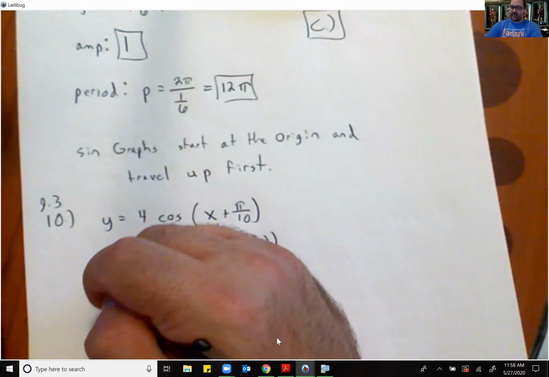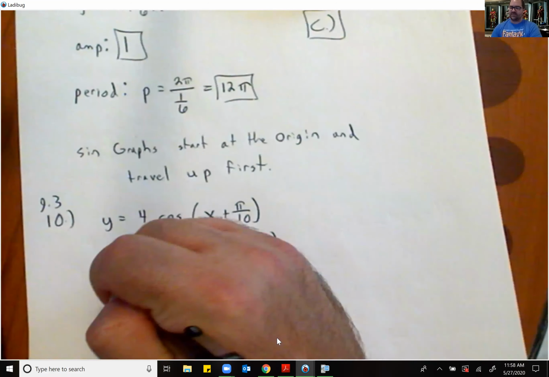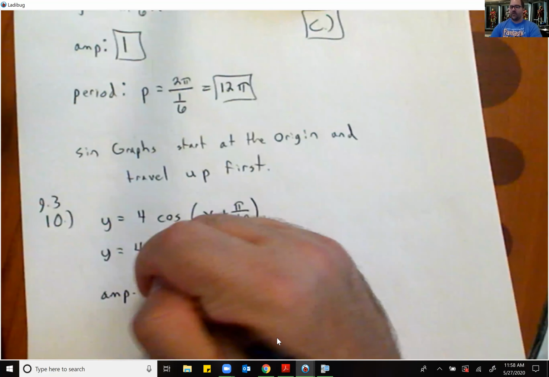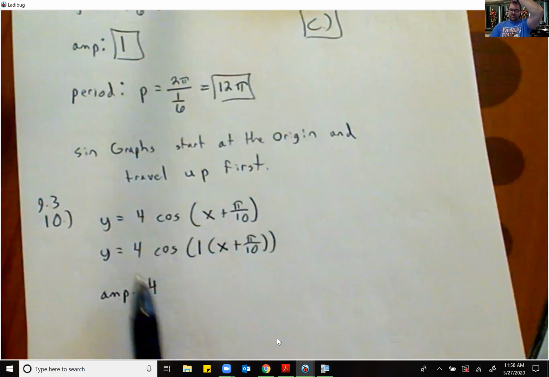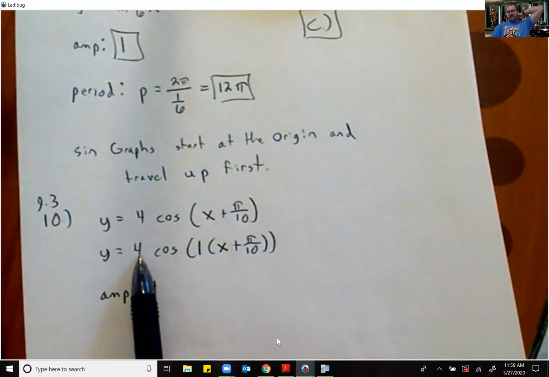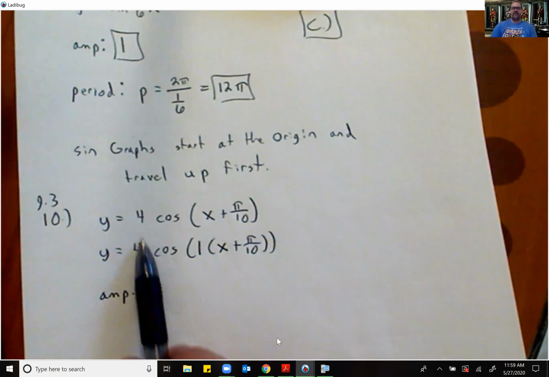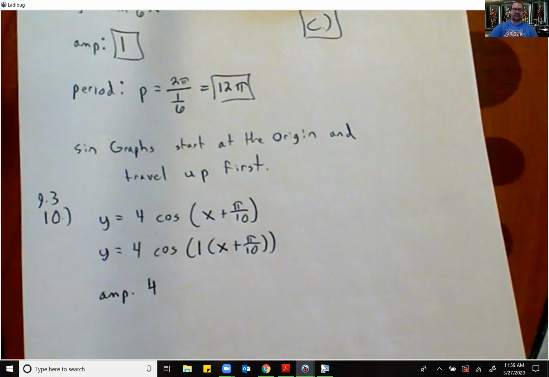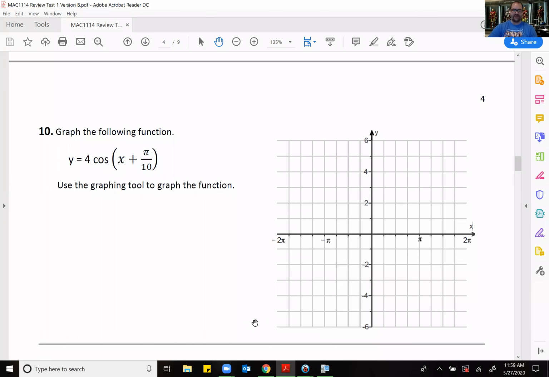So let's talk about the amplitude, because we need to know about that. So what is my A? It's 4. Again, in this one, if this number was negative, that means you would have a reflection over the x-axis. Okay, and there would be a box in this MyMathLab screen at the bottom of it. There are 2 boxes, reflect over the x-axis, reflect over the y-axis.